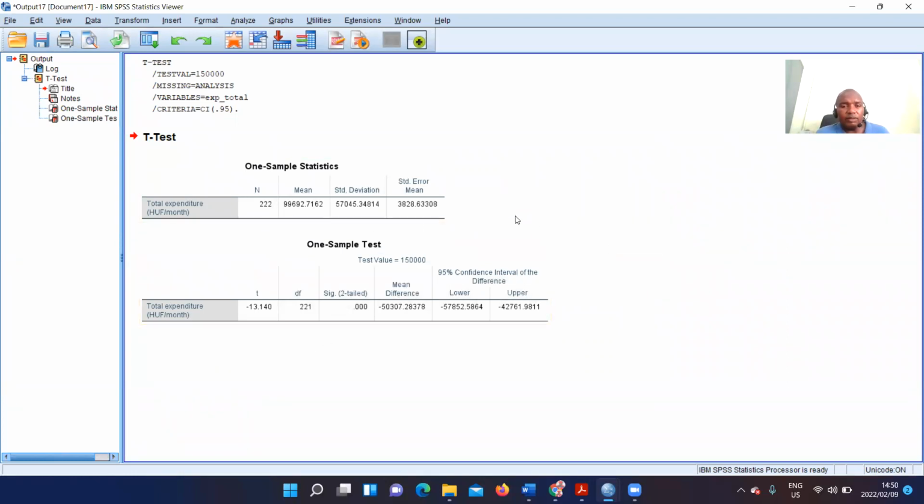So when the test value is 150,000 Hungarian forint, which is way beyond the upper bound of the 95% confidence interval, we discover that the student T statistic is minus 13.14, and the degrees of freedom are 221, which is n minus 1, our n being 222 minus 1, giving us 221.